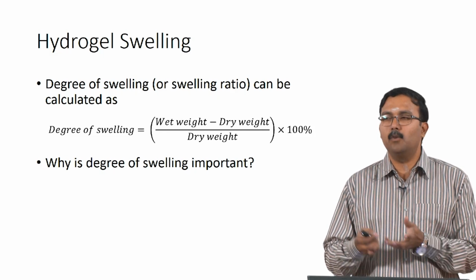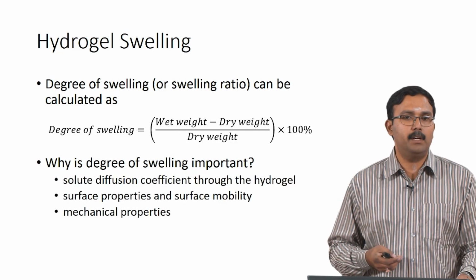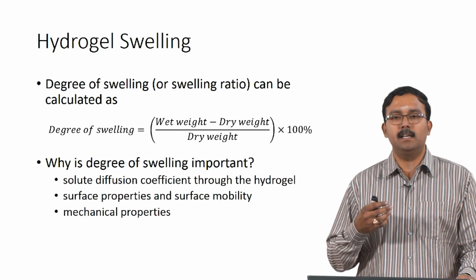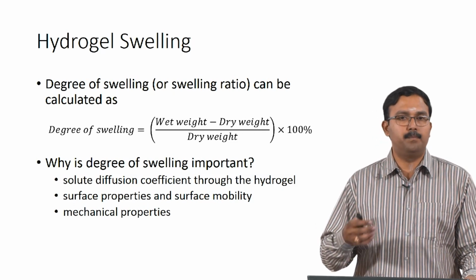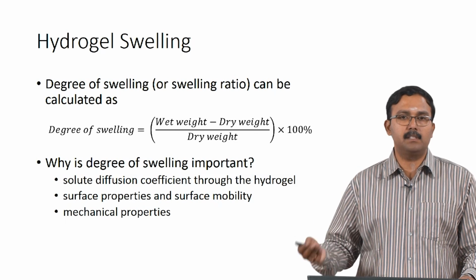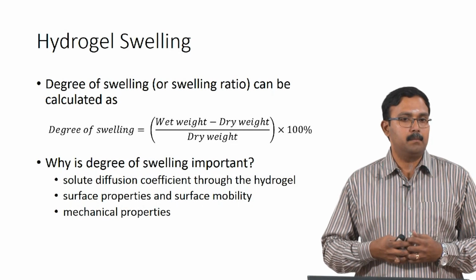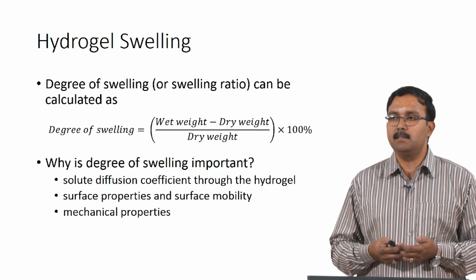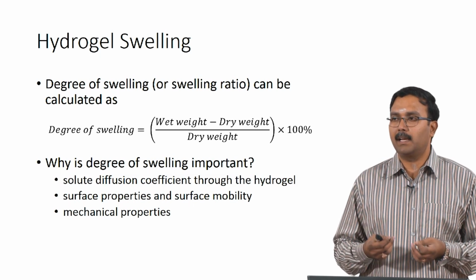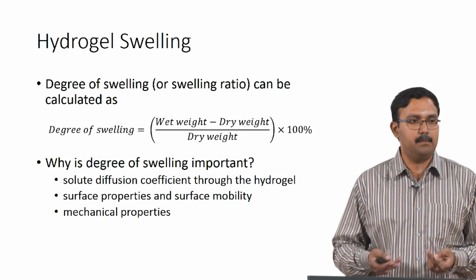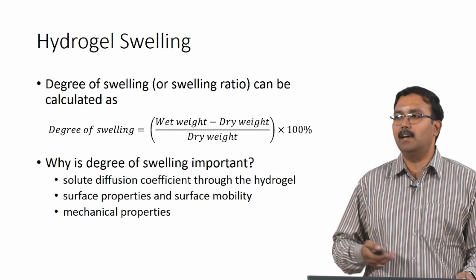So, it will tell us how much water it can retain, but more than that from an application standpoint, it helps us understand the solute diffusion through the hydrogel, and also the properties of the surface and the surface mobility of the material, and also the mechanical property, because you are going to be using this material in its swollen state, right. So, you need to understand how the mechanical properties can be altered while the swelling happens. Those factors can be identified with this value.